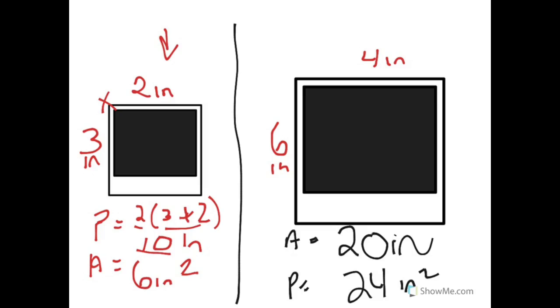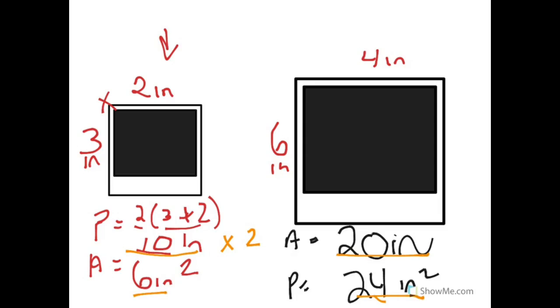What is the connection? Okay, well, let's look at it. 10 inches is the perimeter here, 20 inches is the perimeter over here. We multiplied that by 2. Okay, 6 inches over here, 24 inches over here. I know that's multiplied by 4, right?